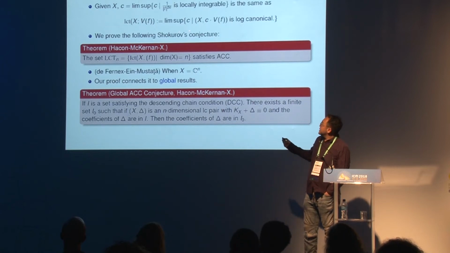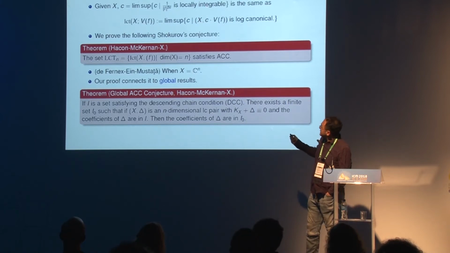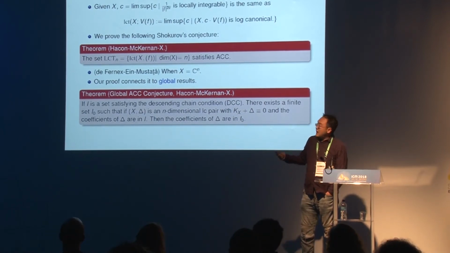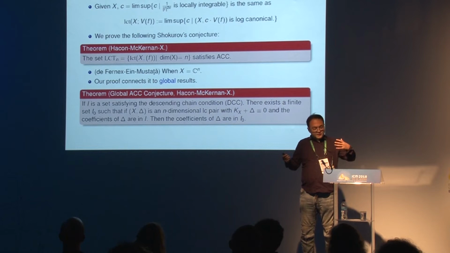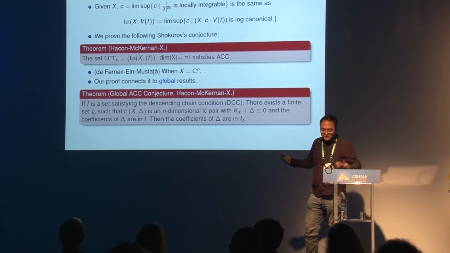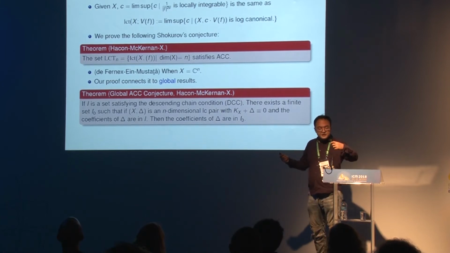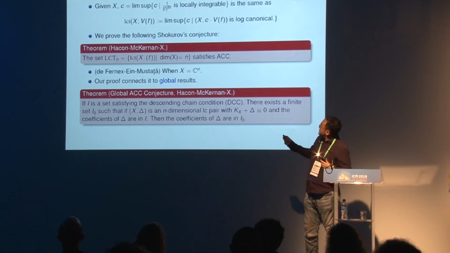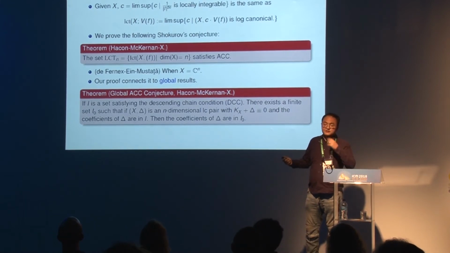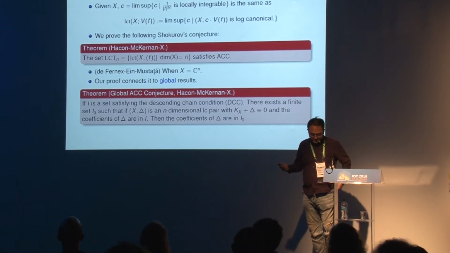This is just the lim sup of X and the pair (X, cD), where the divisor D is given by the vanishing locus of this function f. You can imagine when this number c is very large, because it's very singular, it's not log canonical anymore. So there is a threshold where it goes from log canonical to not log canonical, and that threshold we call the log canonical threshold.